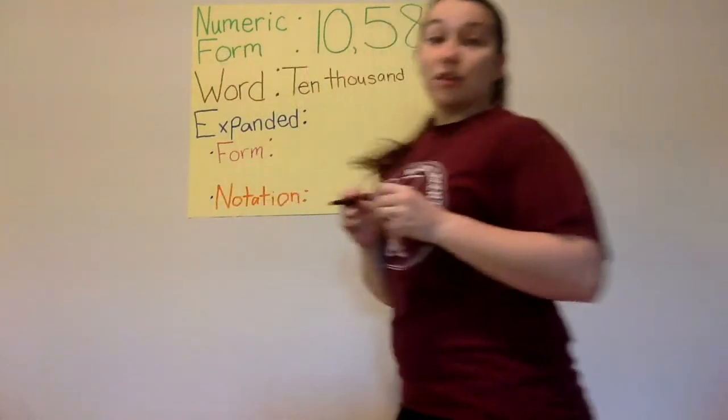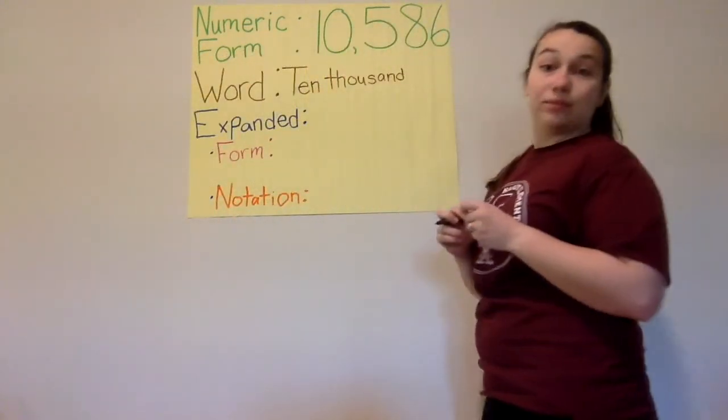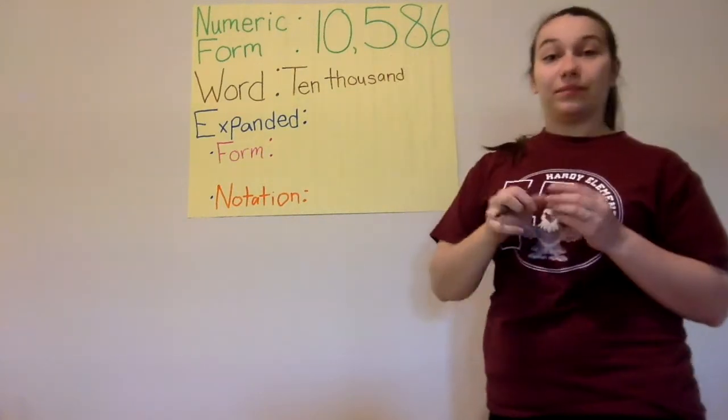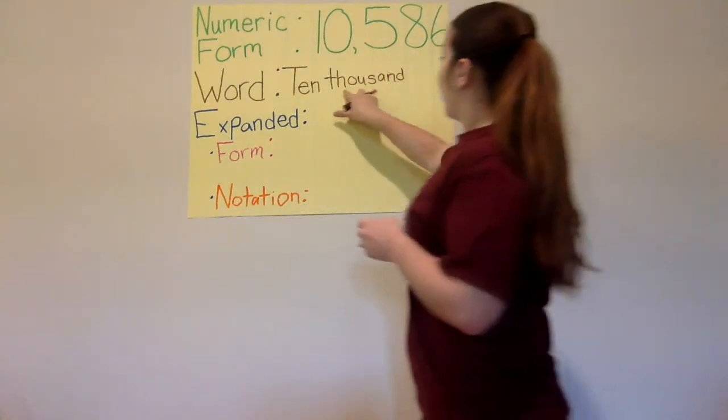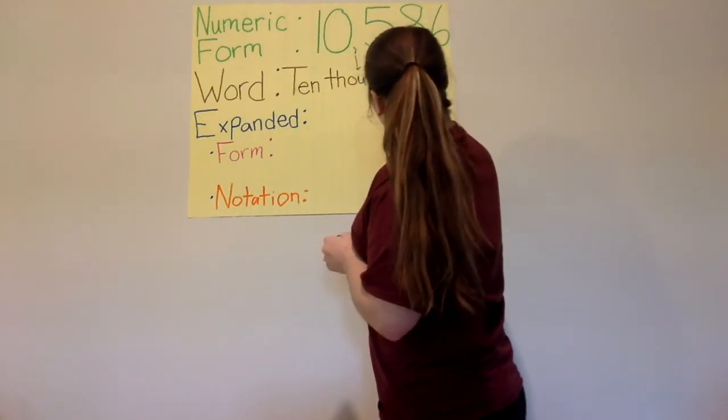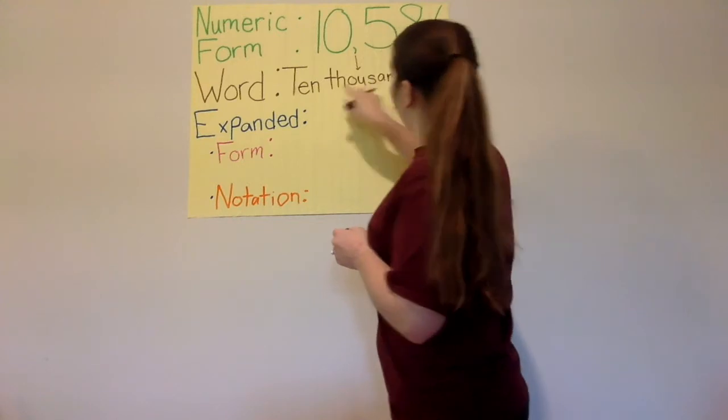All right. So we're at 10,000. Are we done there? Not quite. We still have a whole other section. Okay, so remember this 1,000 represents our comma, and then we always have to put a comma after.